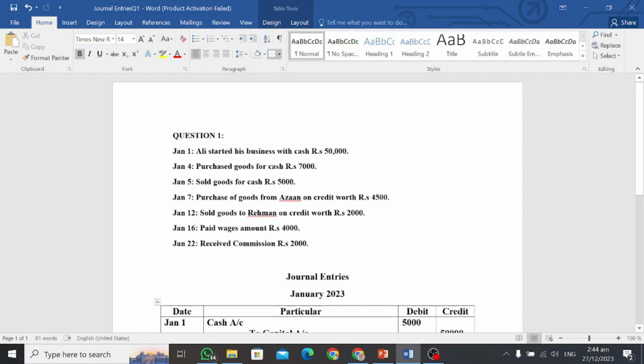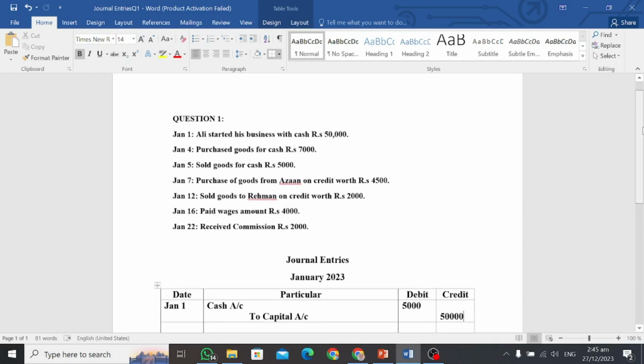When there is any activity of goods, the account will be named in accordance with the activity performed with goods. So we have purchase account, which will be debited as goods are increasing, which are an asset. So purchase account will be debited and cash account will be credited.